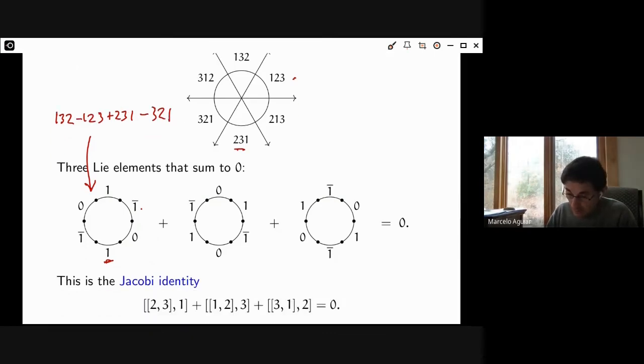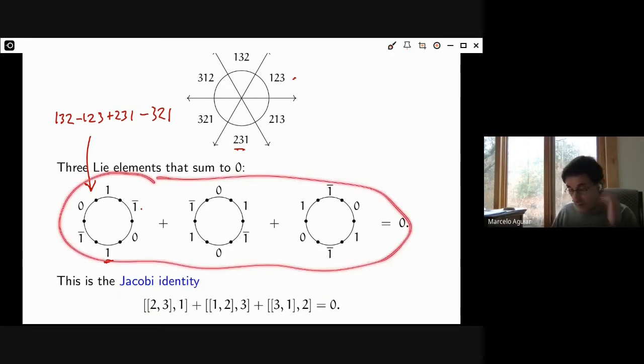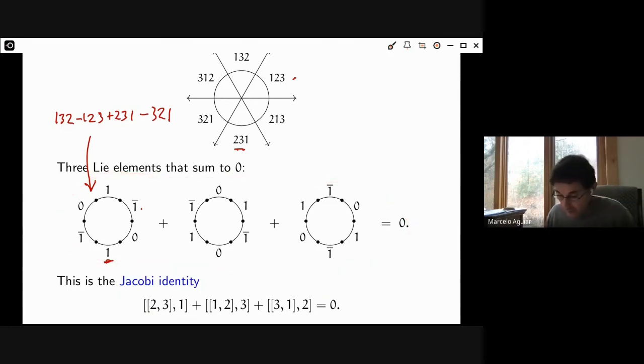This is simply the expansion of this bracketing. So the Jacobi identity, written in this form, one of the classical ways of writing it, takes this geometric appearance. Okay, so that's the connection between the combinatorics of Lie brackets and the geometry of the braid arrangement.